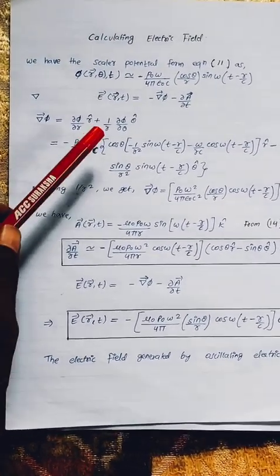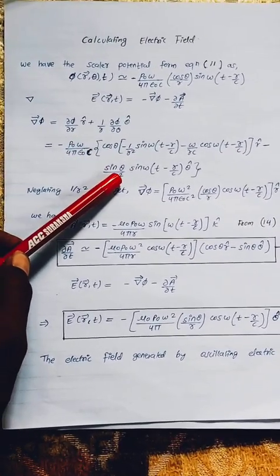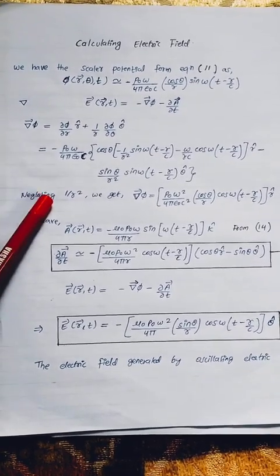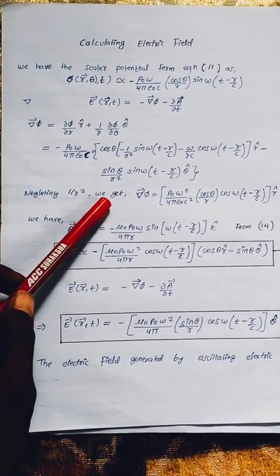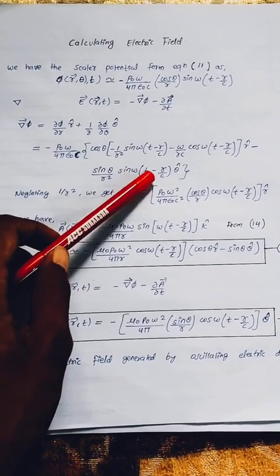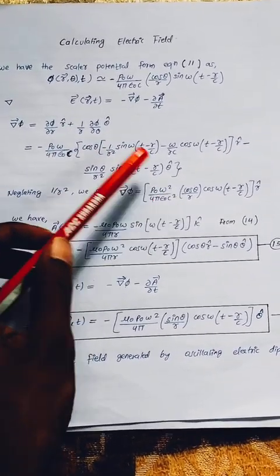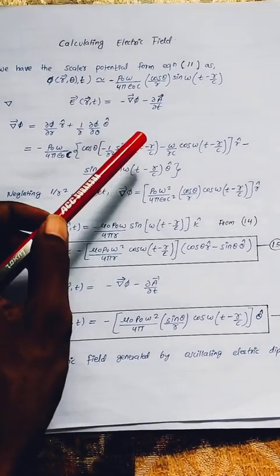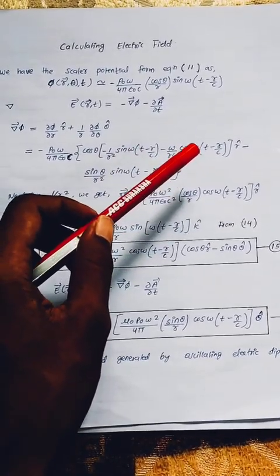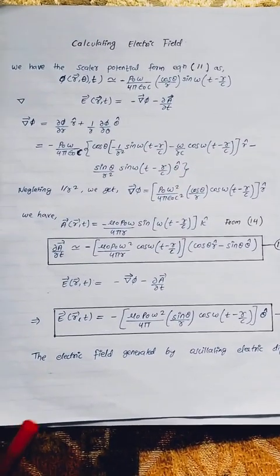The second term varies as sin theta by r square, therefore neglecting 1 by r square, this term will cancel and only this term will be considered, which is cos theta by r and cos of omega t minus r by c.